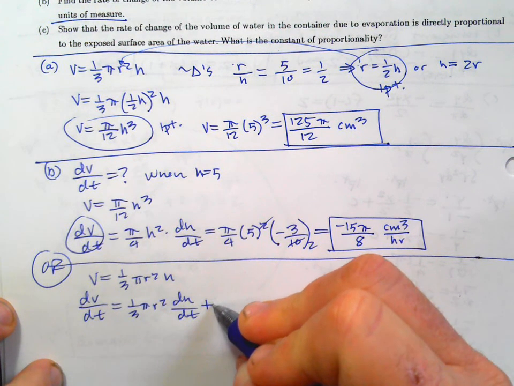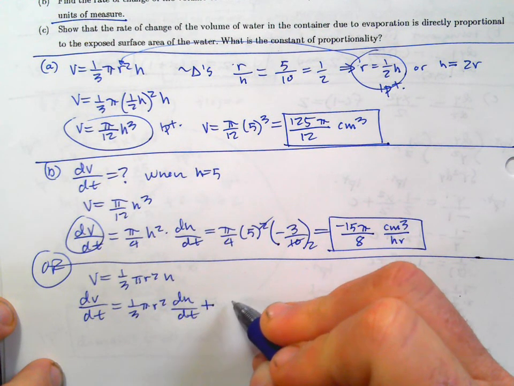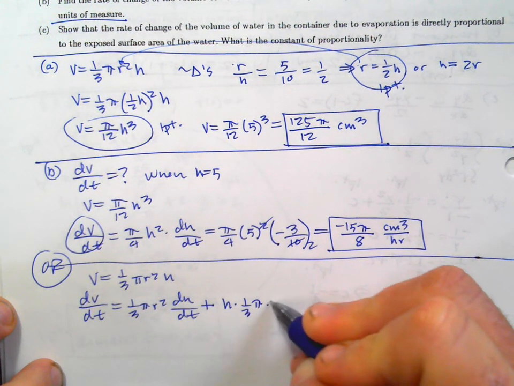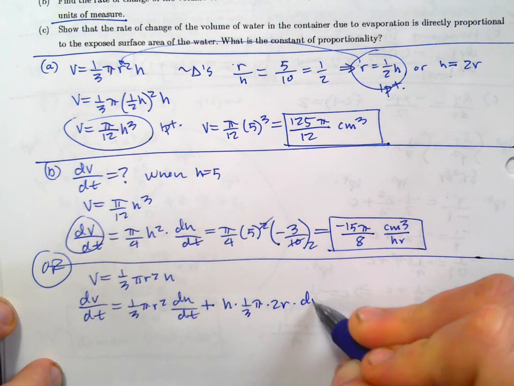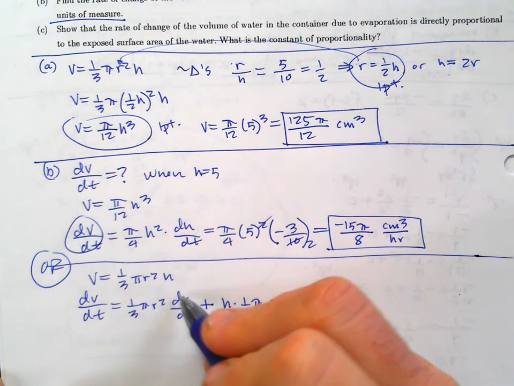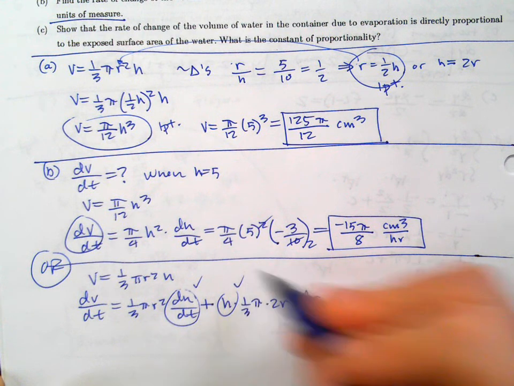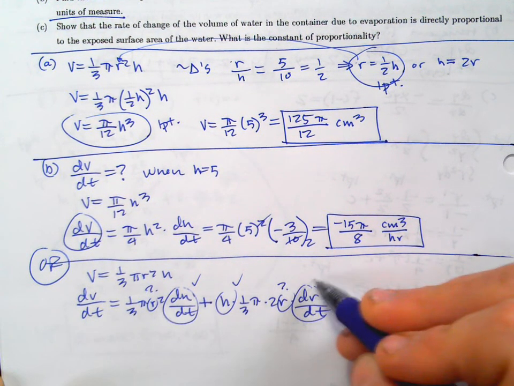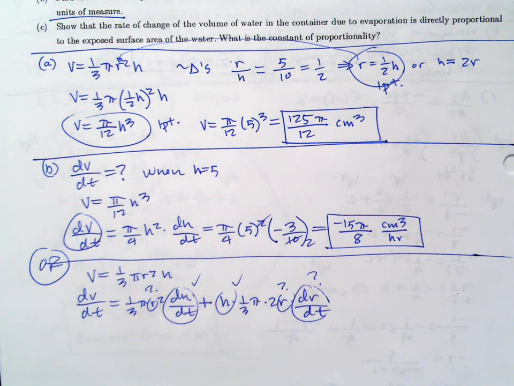Plus h times 1/3 pi 2r dr/dt. And then you have this and you have this, but now you've got to figure out what the r's are and what the dr/dt is.